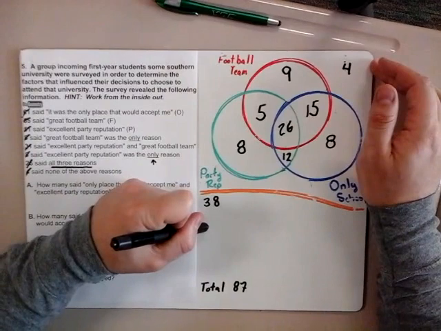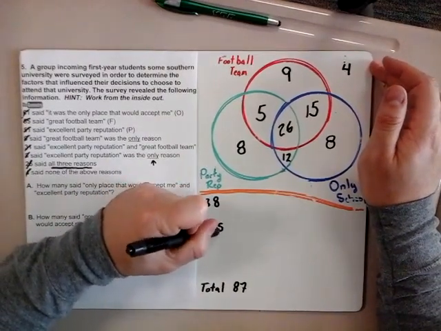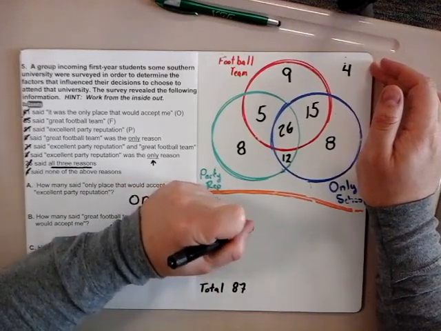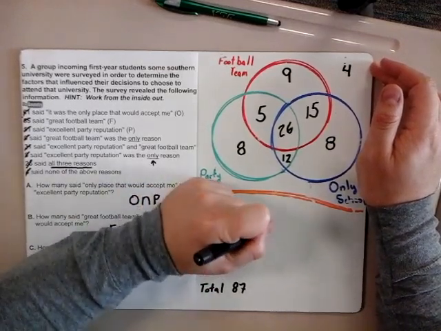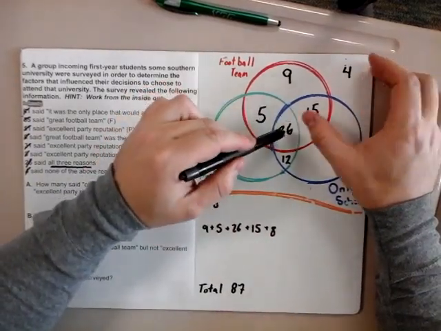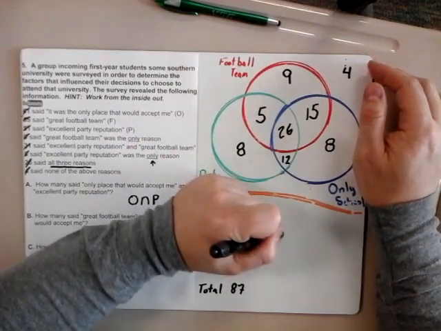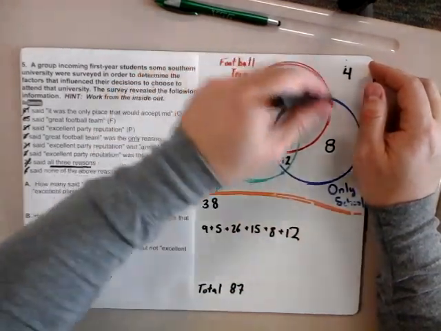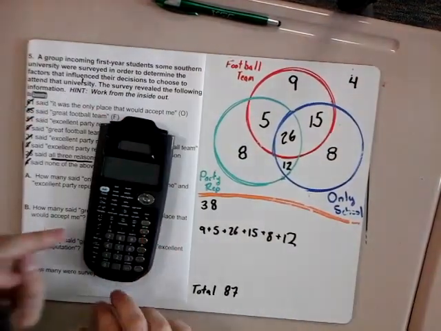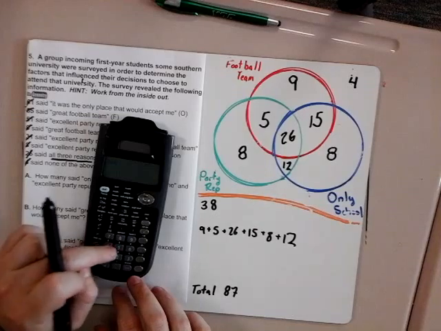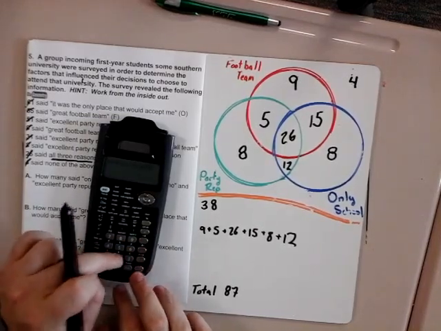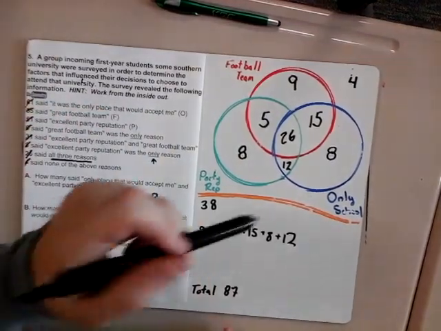So I have to do 9 plus 5 plus 26 plus 15 plus 8, and 12. So in other words, these whole circles. Okay. Let's see what we get. 9 plus 5 plus 26 plus 15 plus 8 plus 12. And I get 75 folks.